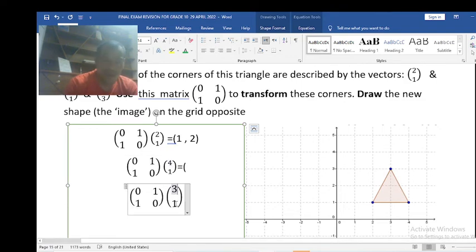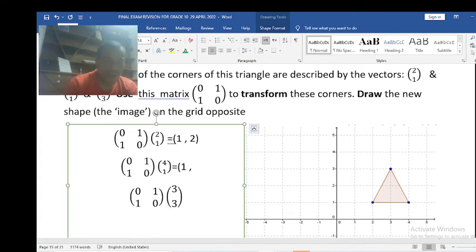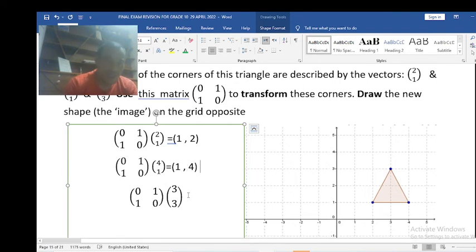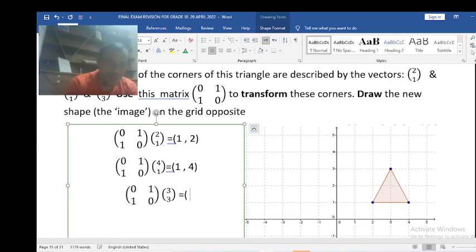(3, 3), clear? Okay. So, multiply, it will be 1 here. Then 0 multiplied by 4 plus 1 multiplied by 1 is 1. Then here is equal to what? 0 multiplied by 3 is 0, plus 1 multiplied by 3 is 3.